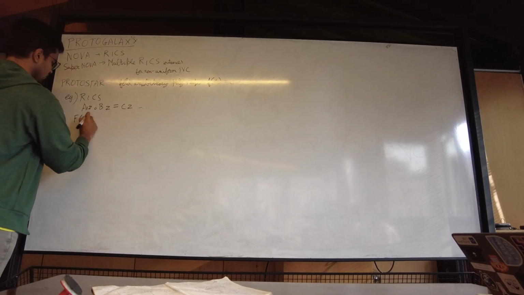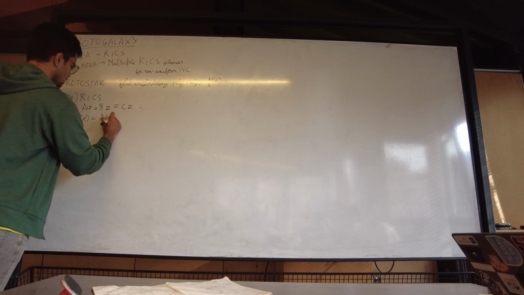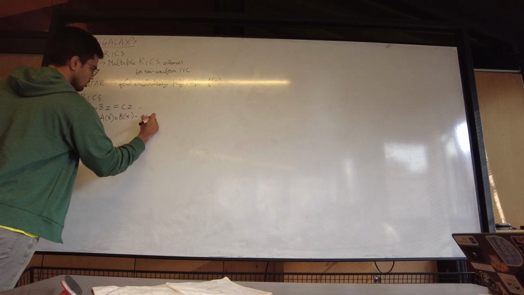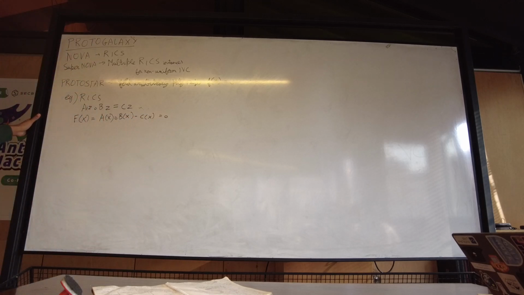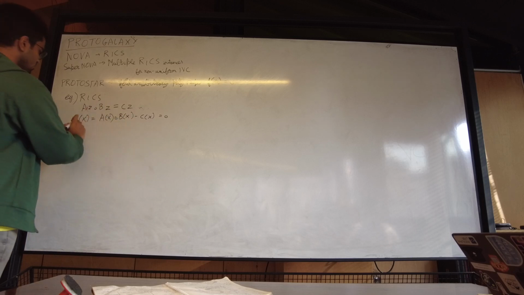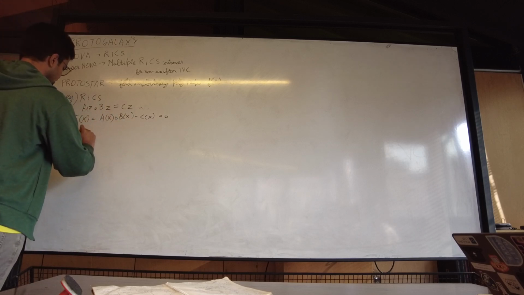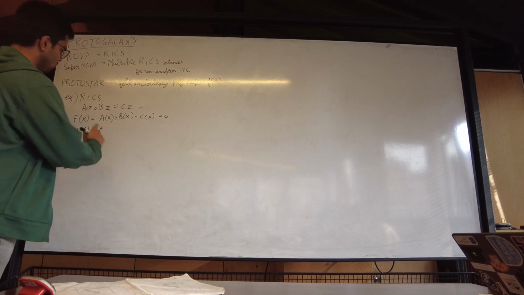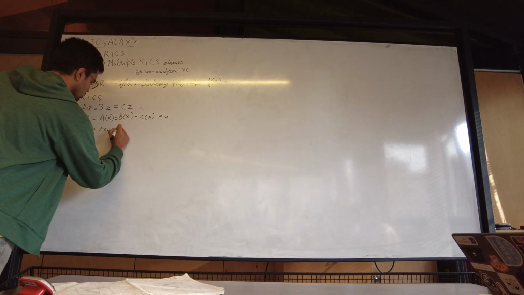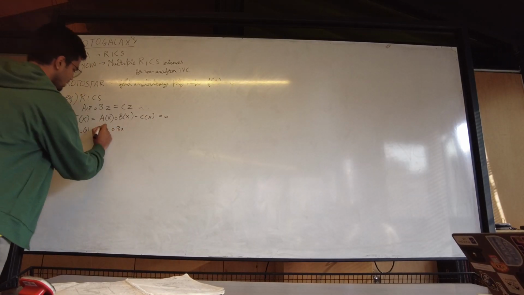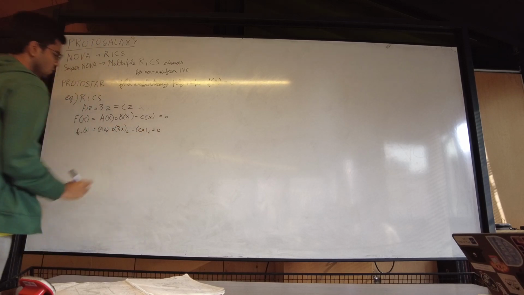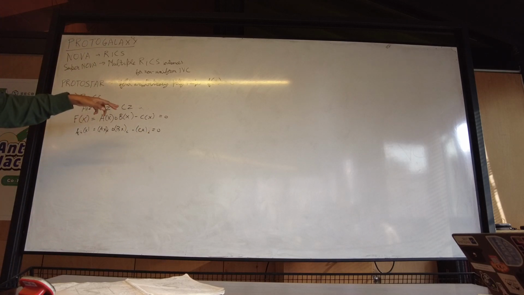You can rewrite this as f(x) = A(x) ∘ B(x) - C(x) = 0. This is a vector equation, and if you want to write each of them as f_i(x), it would be A(x_i) ∘ B(x_i) - C(x_i) = 0. So the R1CS instance is the combination of all these equations.